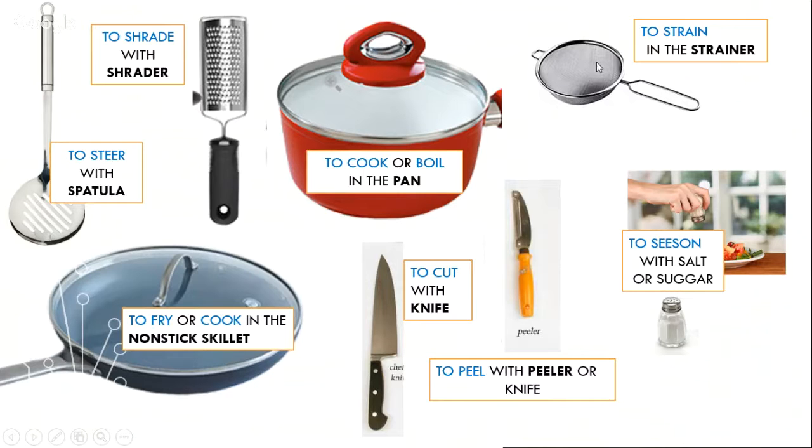Then I just cut some veggies. I took some tomatoes, and with the help of a knife, I cut them in little pieces. And I do the same with some green onions. Then I put those in a non-stick skillet, and I fry them together.